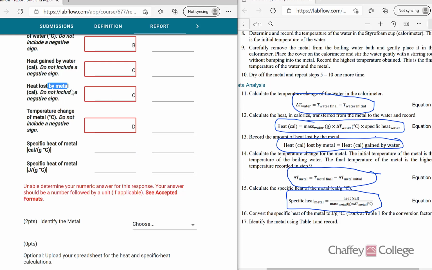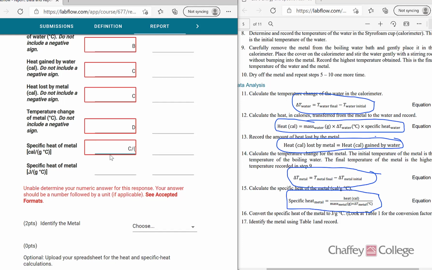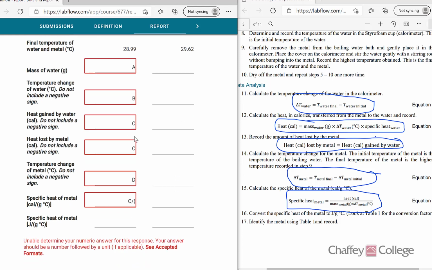So it equals C divided by, in parentheses, what is C? C is the value which we calculated here. That value divided by mass of metal. Mass of metal is given here, in my case 18.48.